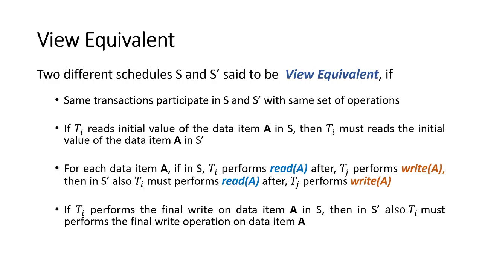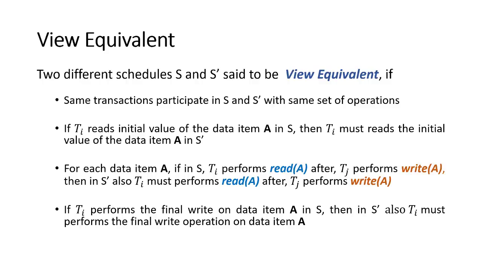The second point is that if transaction Ti reads the initial value of any data item A in S, then Ti must read the initial value of the data item A in S bar also.